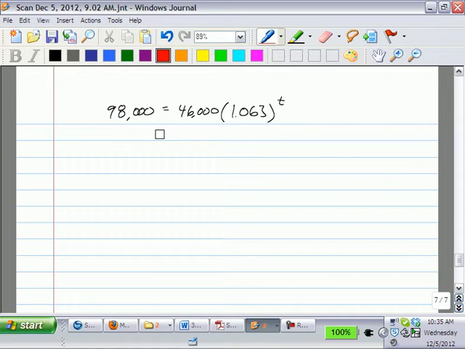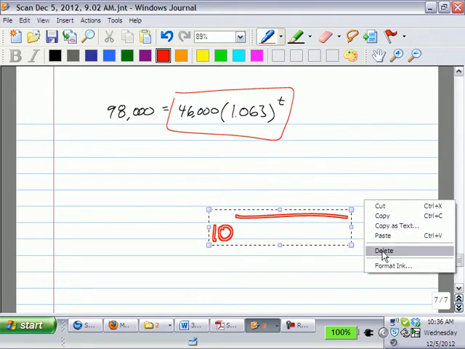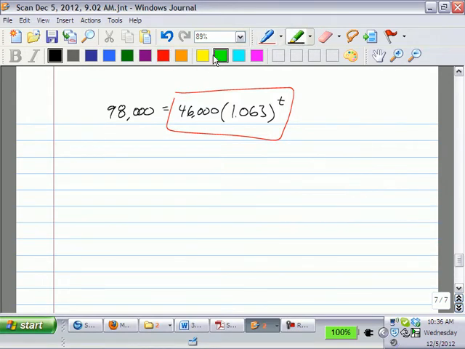So what if the first decision wasn't to divide both sides by 46,000? Is there a way to take this entire right-hand side and convert it so that it's 10 to a power? Yes, there is. So, watch what happens here.